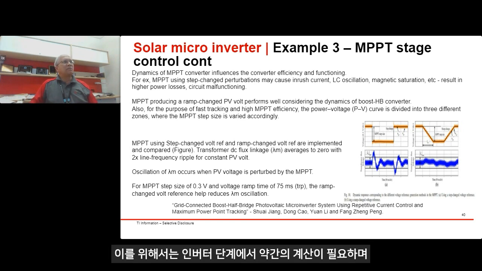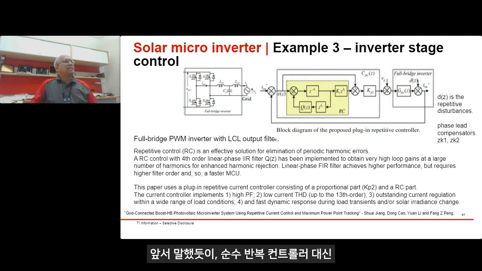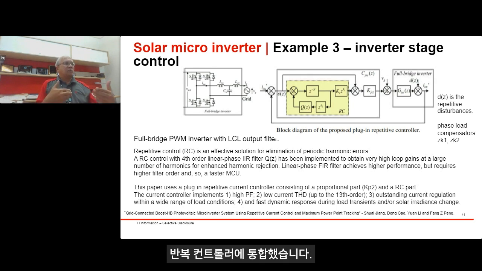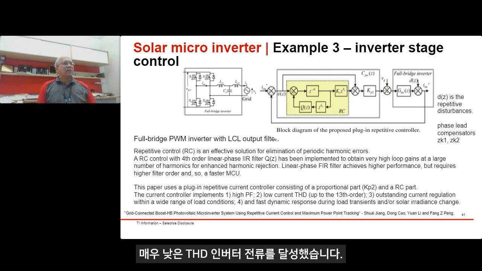This also requires some calculation. In the inverter stage, as we said, they used a repetitive controller. Instead of a pure repetitive controller, they also integrated a fourth order linear phase IIR, infinite impulse response filter, QZ in this case, integrated with the repetitive controller, and that implements very high loop gain at a large number of harmonics, and that reduces the harmonic frequencies and achieves very low THD inverter current.